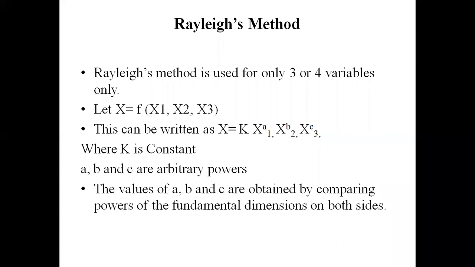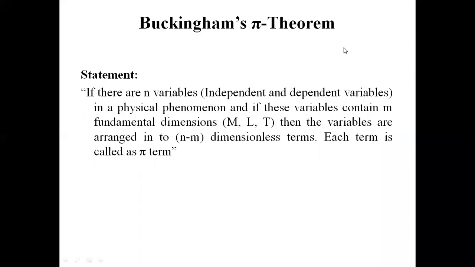So for dimensional analysis, if we want to derive some equations, we can go with these two methods, Rayleigh's method and the Buckingham Pi theorem. Now today we are going to see the Buckingham Pi theorem.